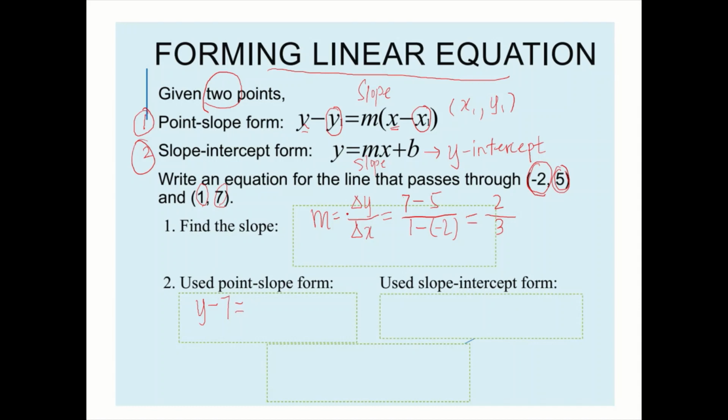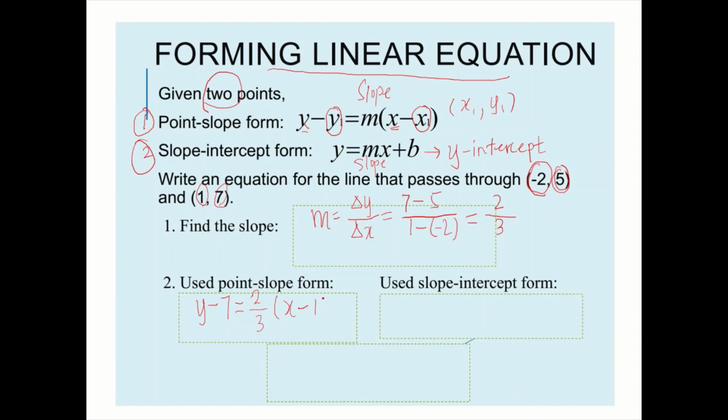And the m is the slope. The slope is 2 over 3. After that, the x remains the same, minus x1. x1 should be back to the point here.